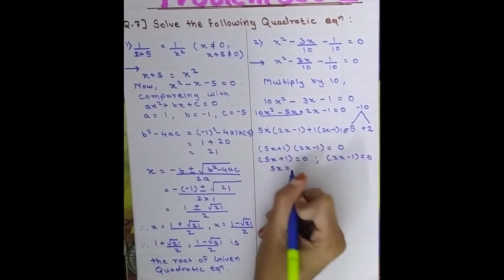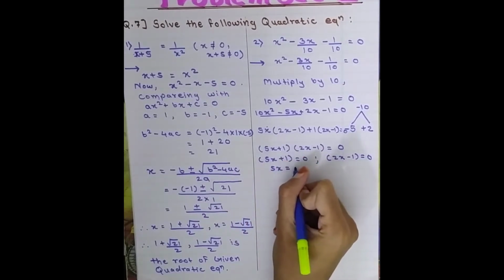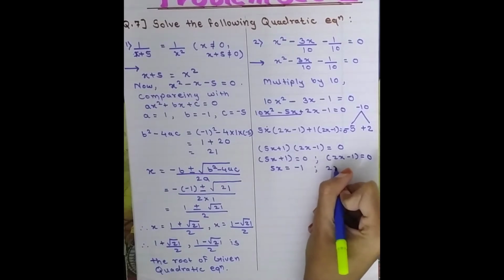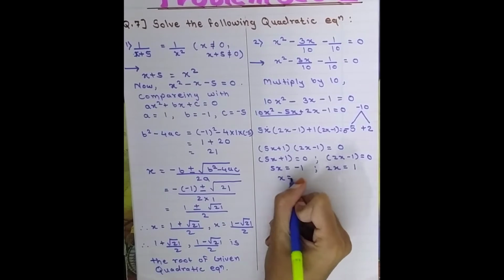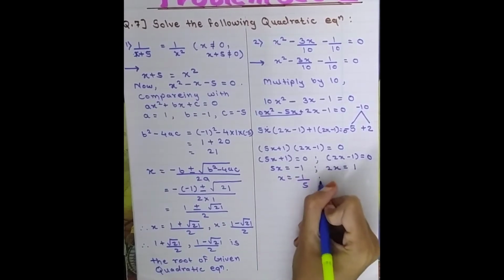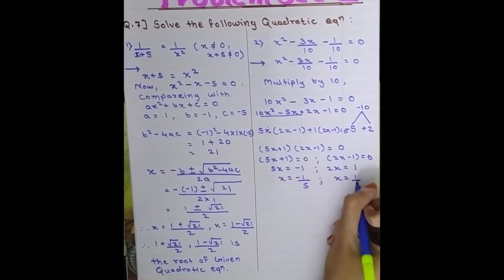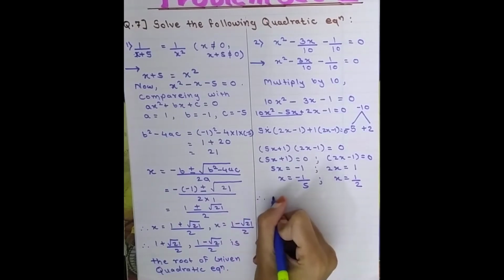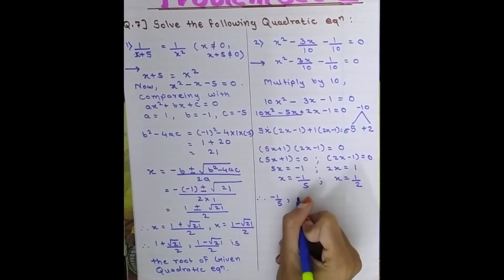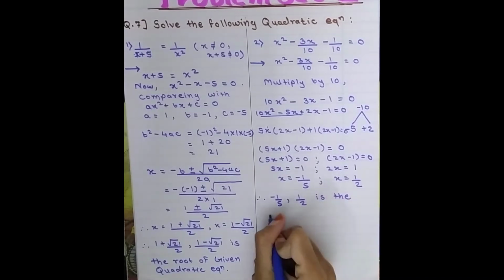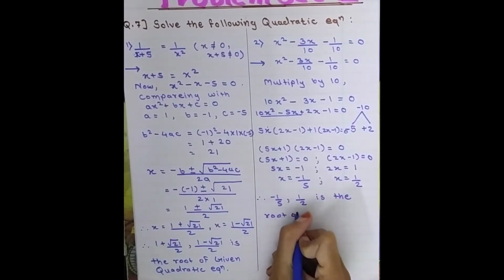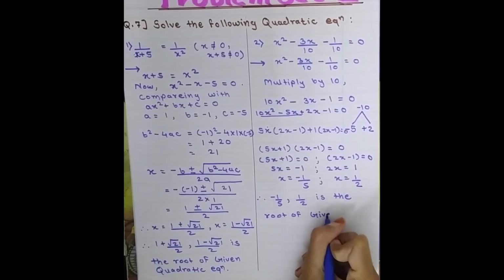Therefore 5x is equal to minus 1, this plus 1 goes on as minus 1, and 2x is equal to 1, minus 1 goes on as plus 1. So x is equal to minus 1 upon 5 and x is equal to 1 upon 2. Therefore minus 1 upon 5 and 1 upon 2 are the roots of the given quadratic equation.